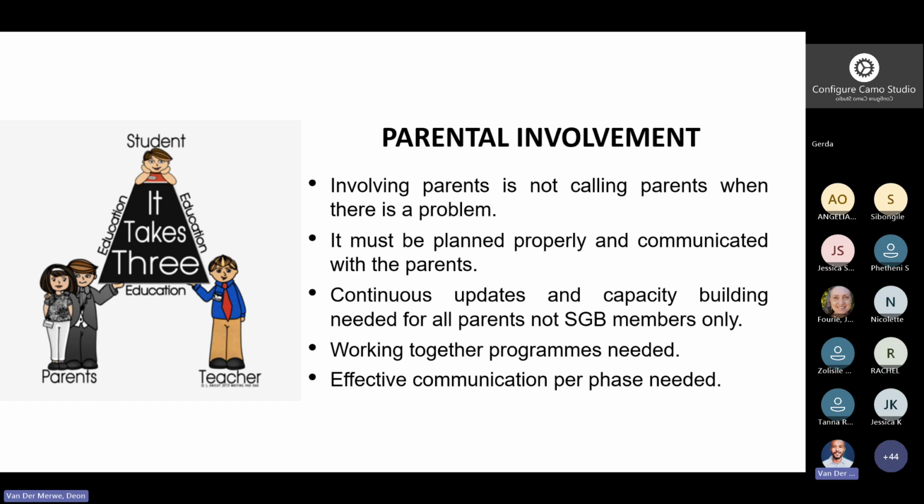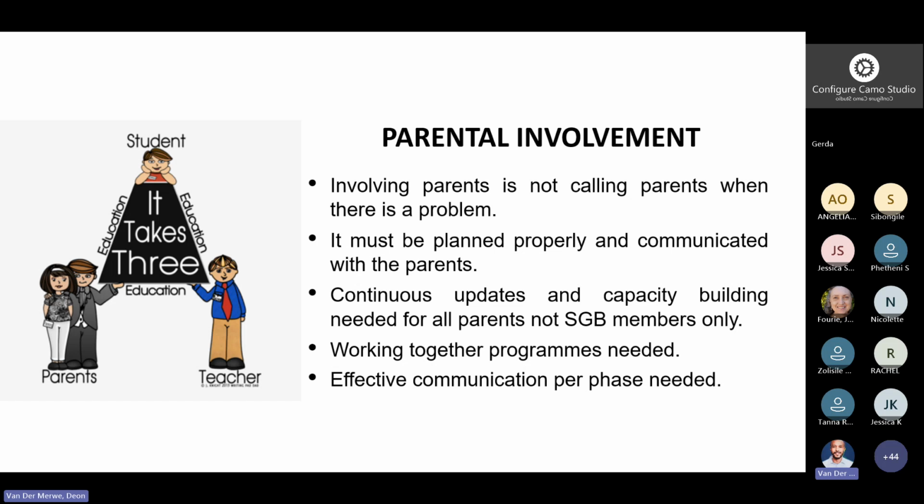The program in itself, which you need to set for learning support, needs to be holistic, and that will be informed by how you choose to approach the practice that you are called to undertake within the scholastic assessment module. And then lastly, effective communication per phase is needed.